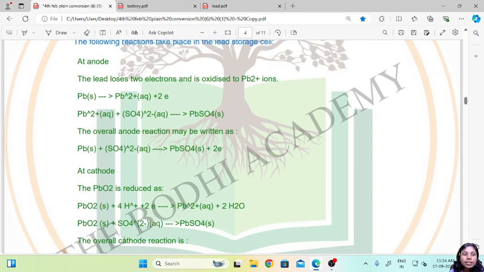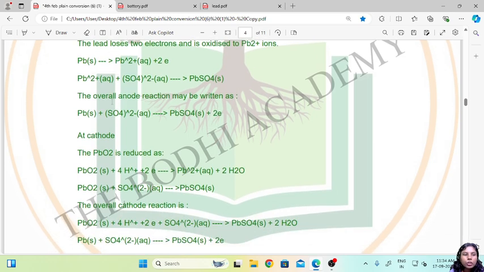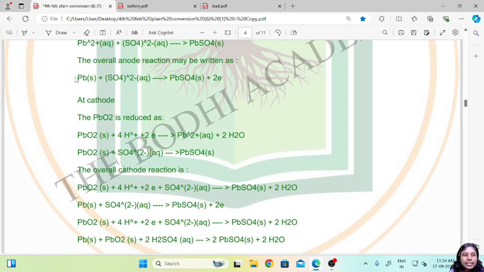At the anode, the lead loses 2 electrons and is oxidized to Pb2+ ions. This Pb2+ then combines with SO4 2- which is present in the solution, and gives us PbSO4. The overall anode reaction is lead plus sulfate ions giving us lead sulfate plus 2 electrons.